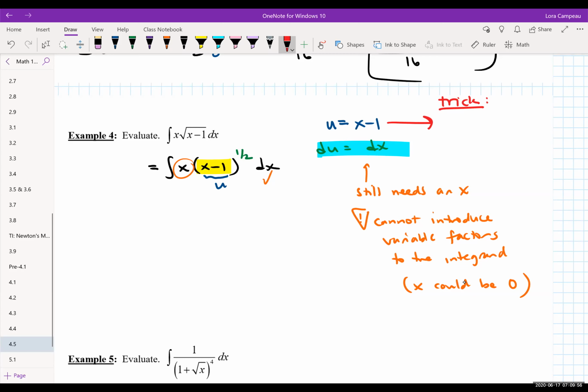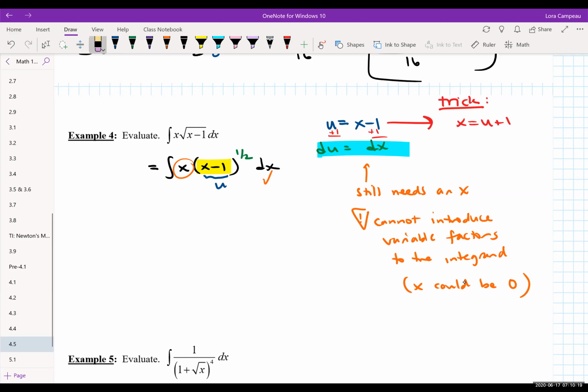So we have u equals x minus 1. We can manipulate this substitution any way we would like. So let's solve it for x. If you solve for x, you have to add 1 on both sides. So we end up getting x equals u plus 1. Now what we can play with is, let's start over.